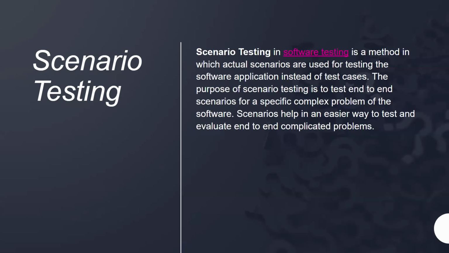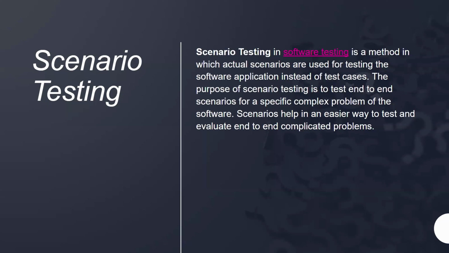All right, scenario testing in software testing is a method in which actual scenarios are used for testing. So just like the scenarios that you actually gave, oh, I want to log in, I want to be able to deposit money, I want to log in using my valid credentials, those are actual scenarios, right?